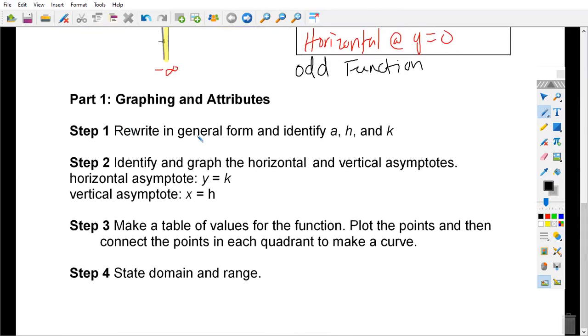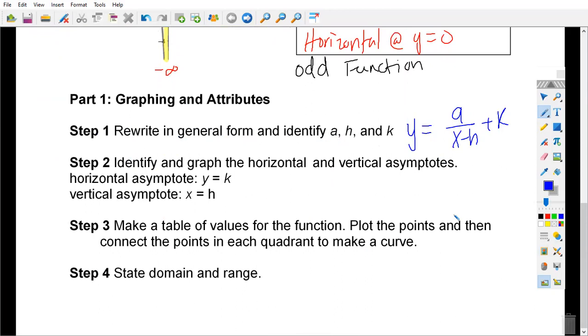Okay. So the first thing you want to do is rewrite in general form of the identity and identify A, H, and K. So by general form, you want it to be written as Y equals A over X minus H plus K. Okay. So you want to make sure before you start that Y is by itself.